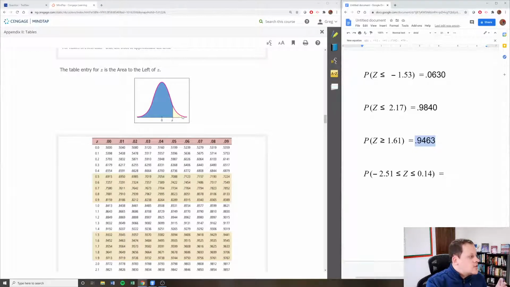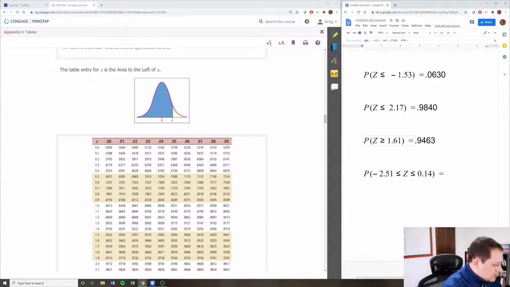If we want the area to the right, what do we need to do with this probability? Well, the area under the entire curve is 1, and we want the area to the right, and the area to the left is 0.9463, so the area that we want is 1 minus 0.9463.